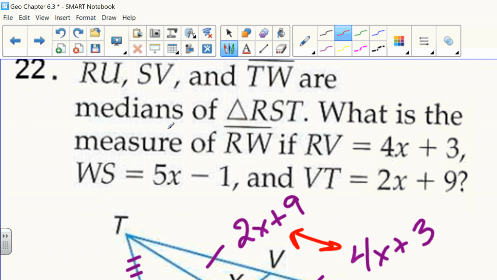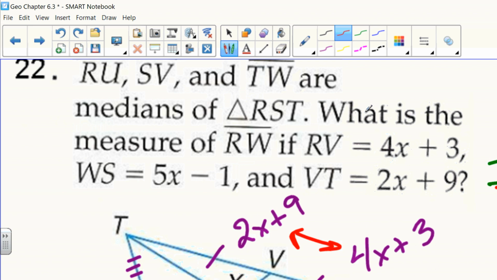And I can use those to find the value of x, and once we find the value of x, we can plug it in here. So we can start off by setting 2x plus 9 equal to what? What do we do first? So we can subtract 2x from both sides to get the variables on the same side. Well, 2x minus 2x is 0.